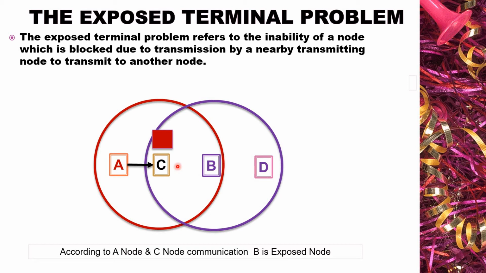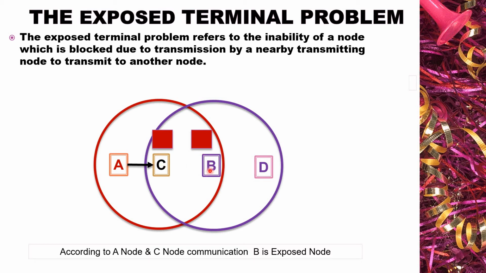This communication between A and C is heard by B also, because B is within the coverage area of A. So whatever the communication between A and C, it will be heard by B also.